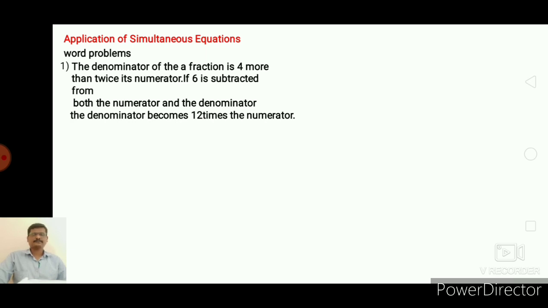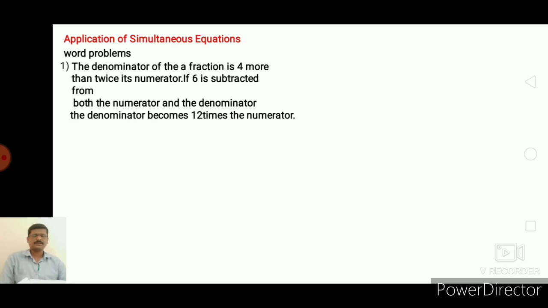Denote these quantities by variables like a, b, c, d, x, y, etc. In this example, there are two unknown quantities: the numerator and the denominator.